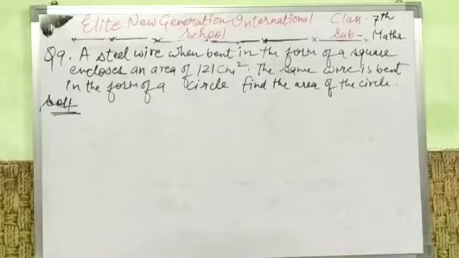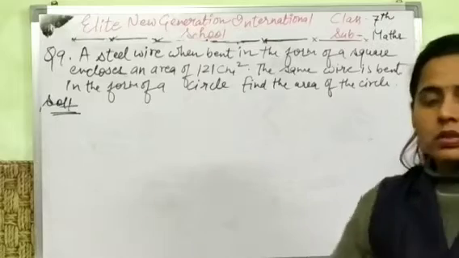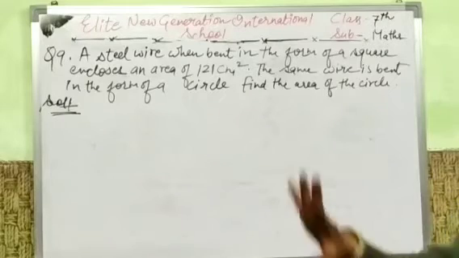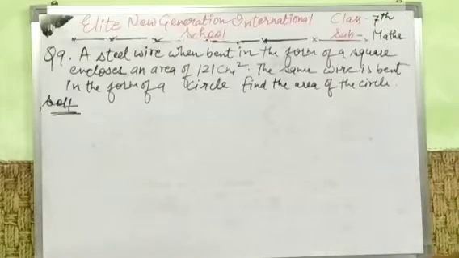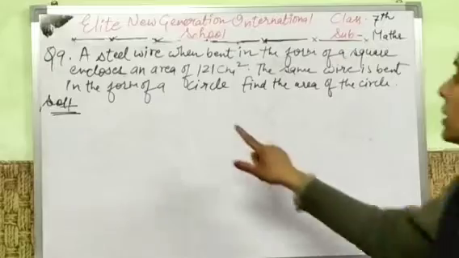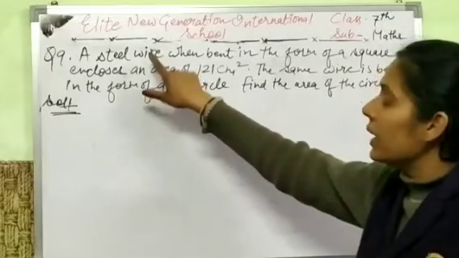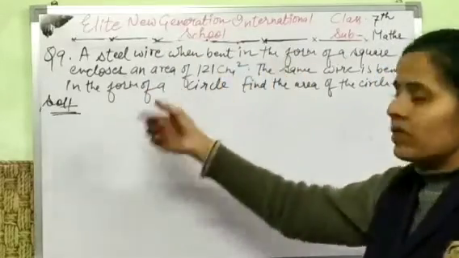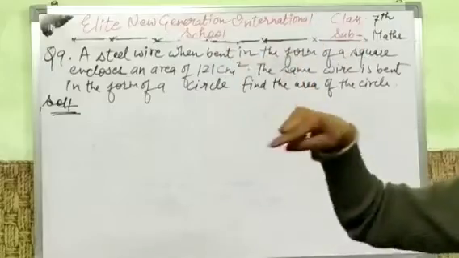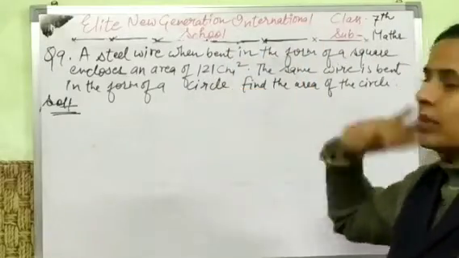Okay, we have already solved this type of questions in the earlier exercise, but this question is different. Here the area of the square is given, not the area of the circle, which is equal to 121 centimeters square.